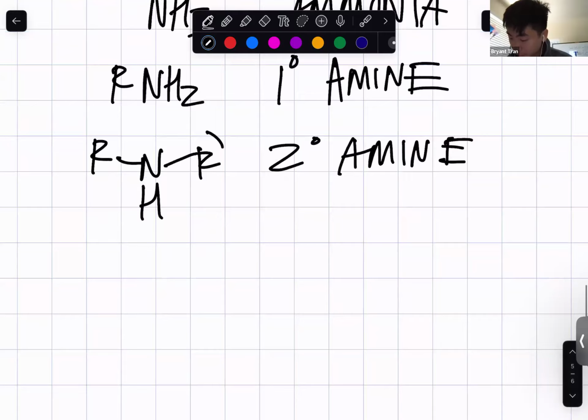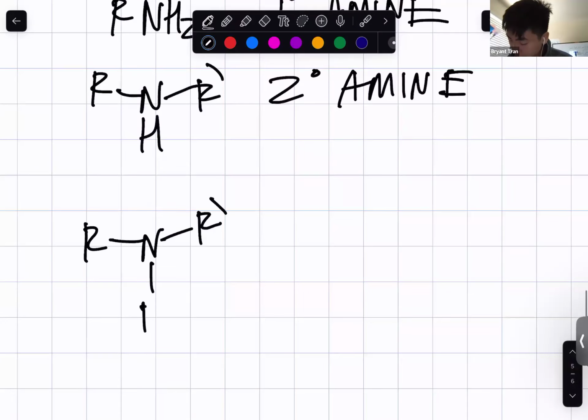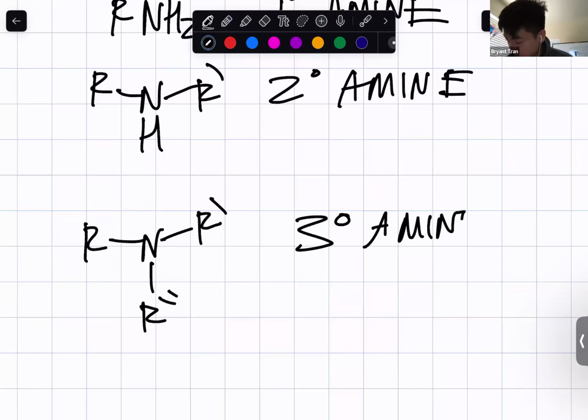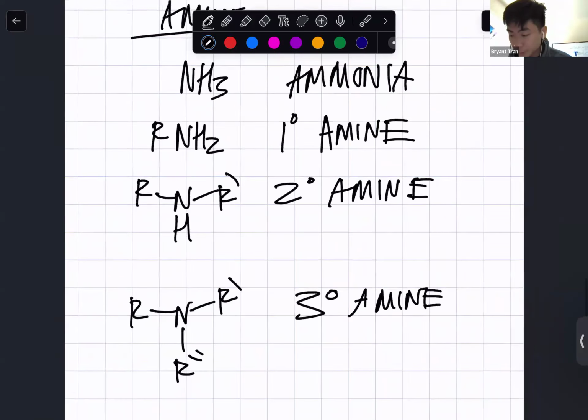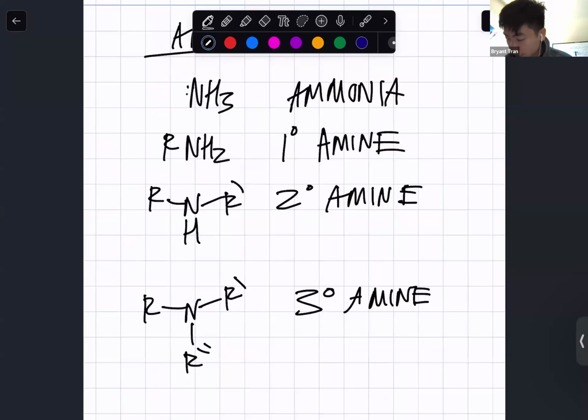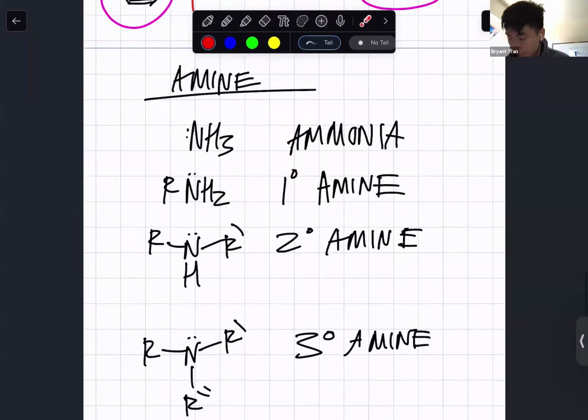Or there could be three R groups attached to the nitrogen, making this a tertiary amine, right? Because we know nitrogen will be neutral with three bonds and one lone pair of electrons like that, right?